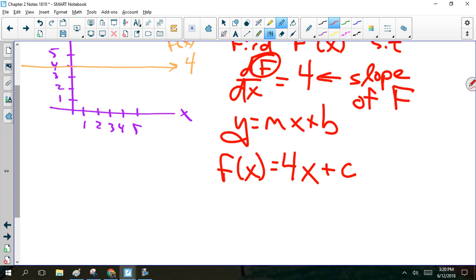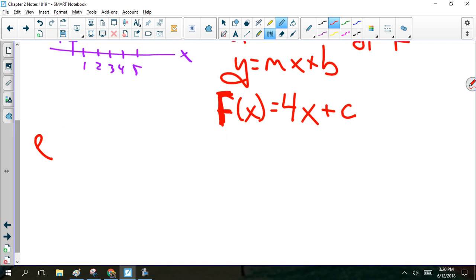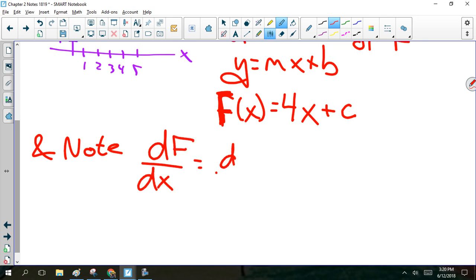Oh, shoot, this is supposed to be capital F, because that's what we were trying to find. So that is a capital F. So just note, if I take the derivative with respect to x of capital F, that's the derivative with respect to x of capital F.